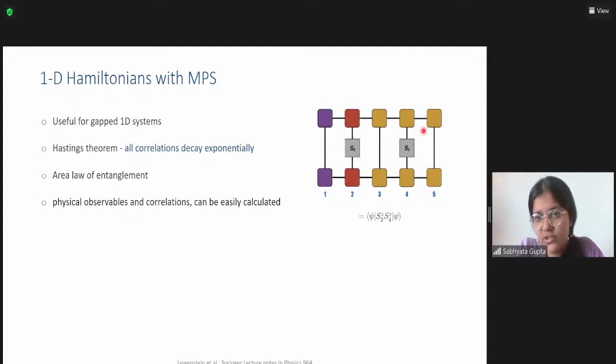This is also a matrix product state. And if you remember that in Penrose notation, an entity with 2 indexes is a matrix. So over here, these are the matrix product operators, which are essentially matrices in quantum mechanics. And if we contract this tensor network structure, it will give us the physical value of the observable, which is this.